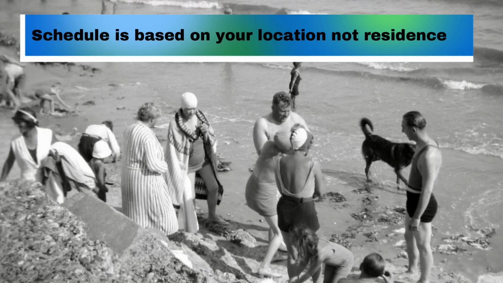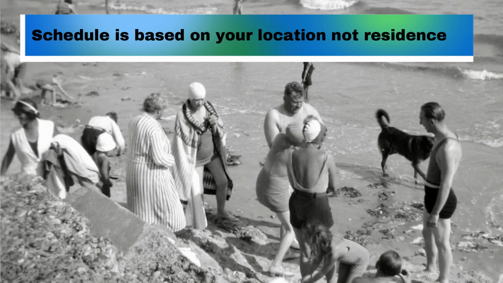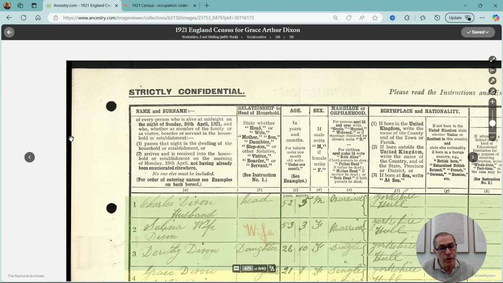So they will be recorded where they were, and they could be at other families' homes. So if you're trying to find your family in their normal location, and they're not there for whatever reason, you will have to look elsewhere. Maybe they were on vacation, maybe at a hotel, maybe at friends' or family's house. So that's important to bear in mind, the location of the census itself.